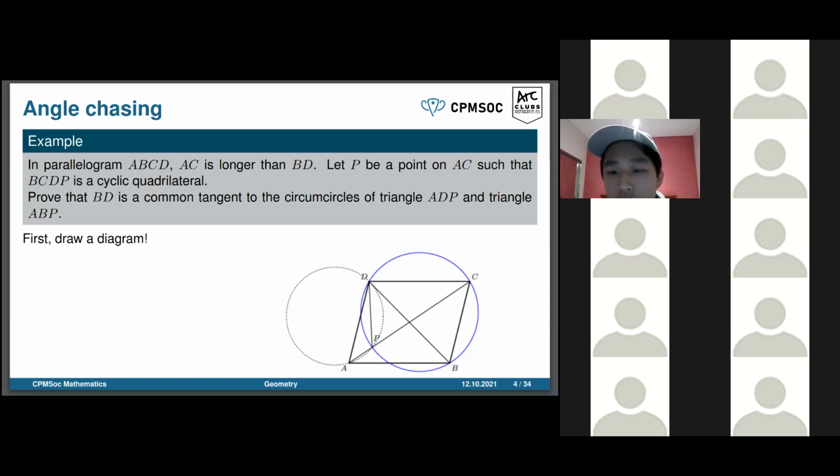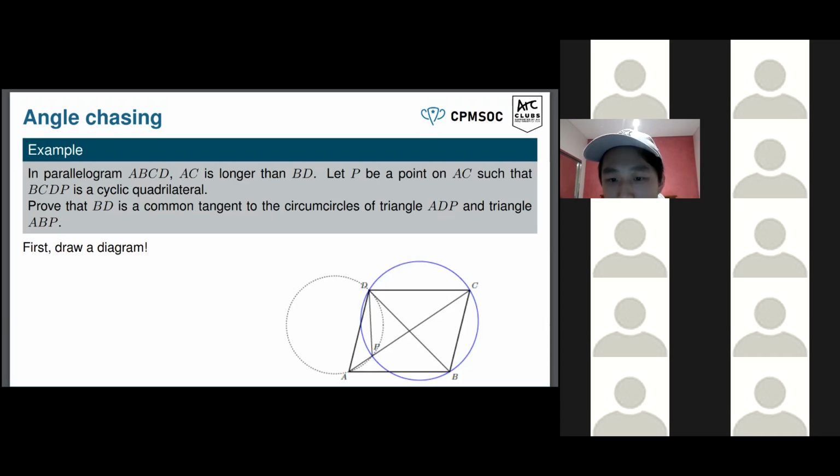So instead of proving that BD is a tangent, we now want to prove that angle BDP is equal to angle DAP. DAP is PDB. Yep, exactly. So that sort of simplifies our problem.